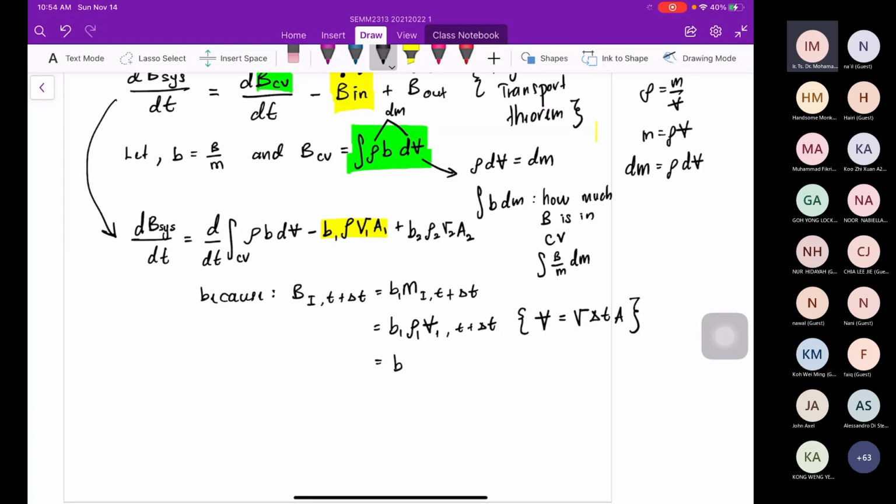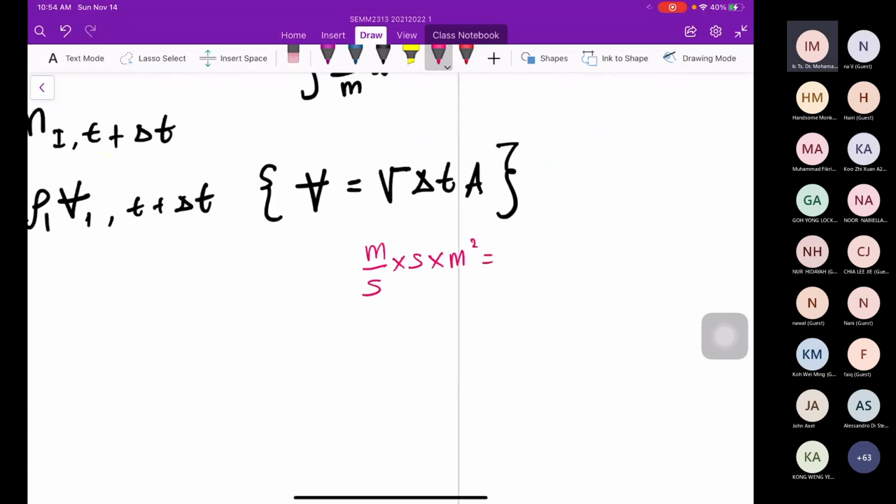Let's look. The unit of velocity is meter per second, multiplied with time, second, multiplied with the area, meter squared. So what would you get, class? Velocity multiplied with time, multiplied with area, what do you get?